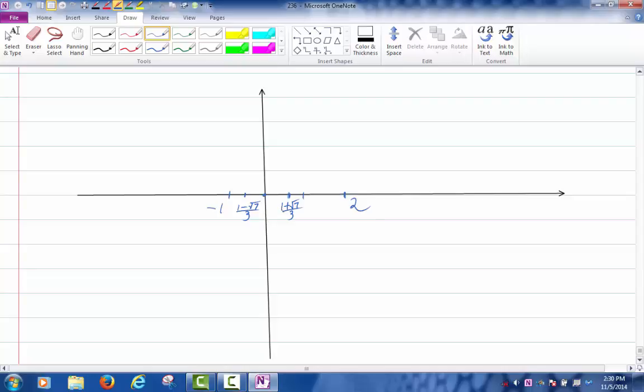So what's the value of the function at -1? The original function. The value of the function at -1 is 0, so I get the point (-1, 0). What's the value of the function at 0? Let's say 1 is up here. The value is 5.